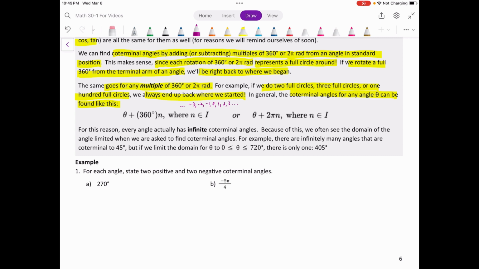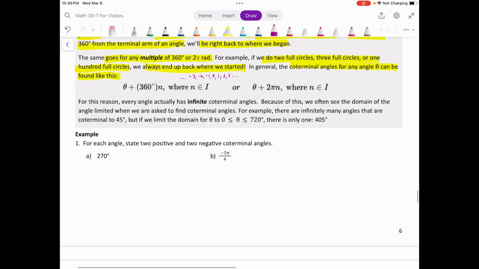The whole numbers, but including negatives, that gives us the integers, okay? So where n is just an element of the integers, that's how you can find theta. Add any multiple of 360. Again, since it's integers, that could mean subtract any multiple of 360, right? N could be negative, right? Or add multiples of 2 pi, because that just means you're doing full circles and you're going to get back to where you started, a coterminal angle.